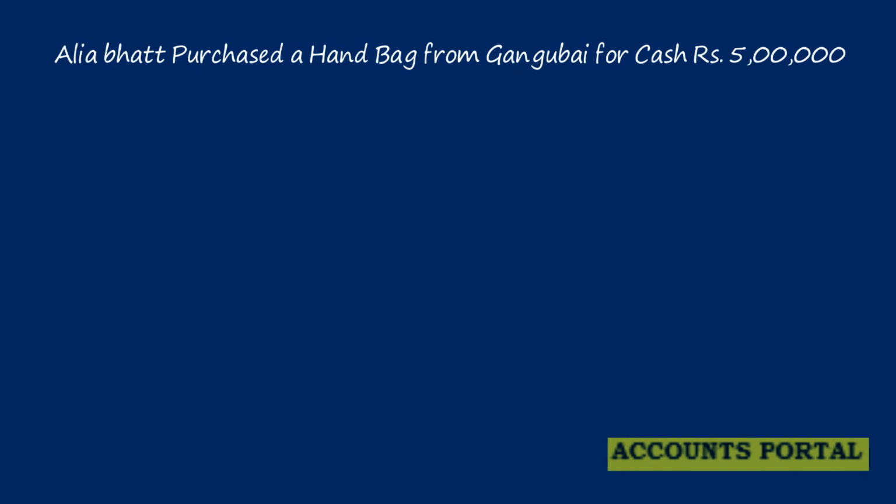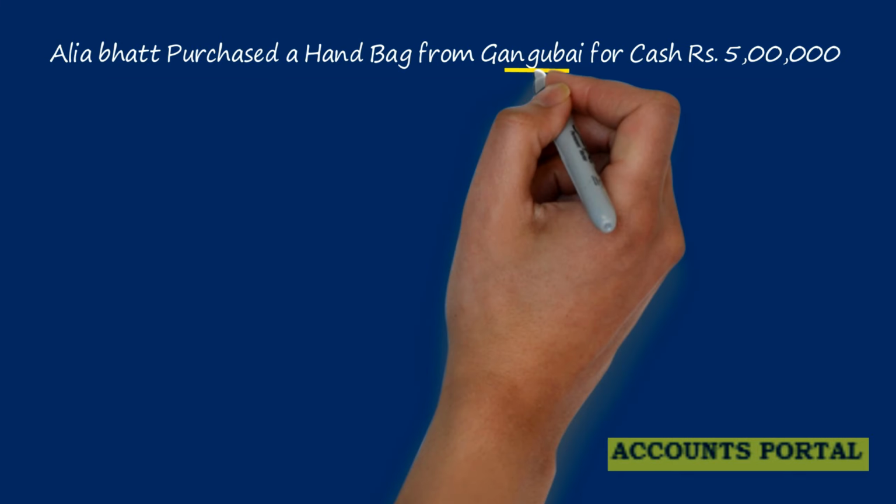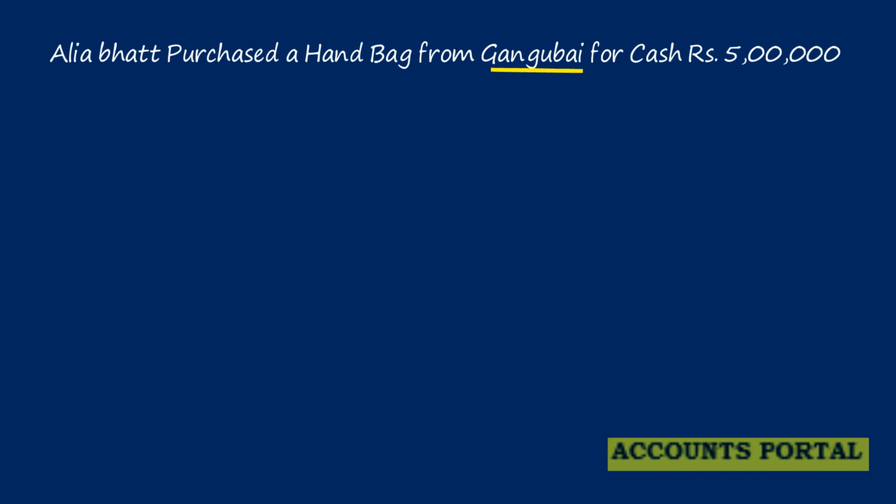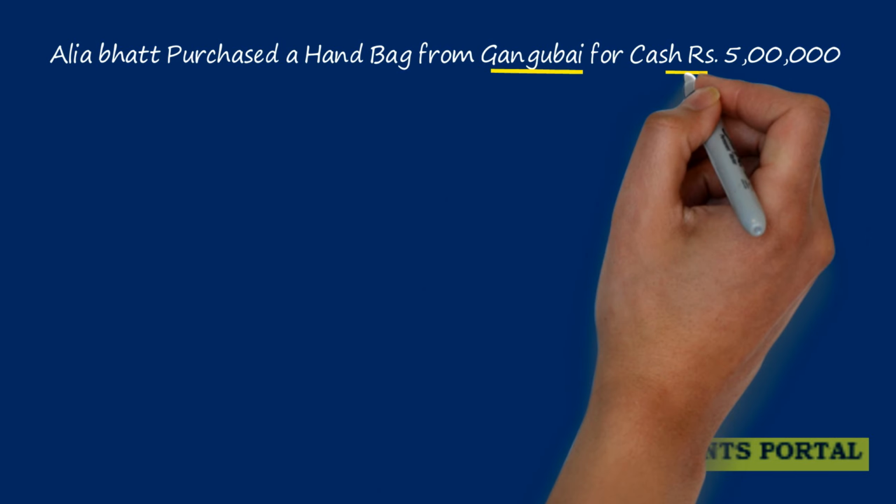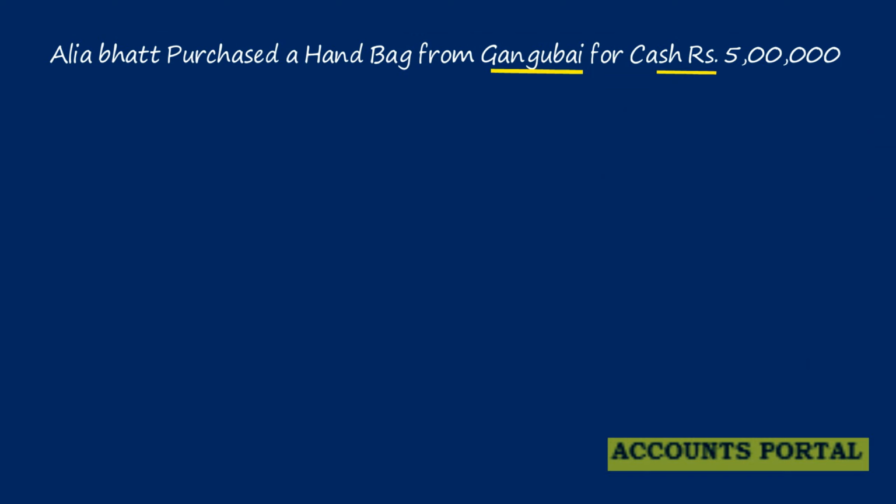First decide whether the given transaction is monetary or non-monetary. What is the value of the handbag? 5 lakhs. To decide whether it is a cash or credit transaction, we need to check the terminology used in the transaction. Here both the person name and the word cash are used. So the second condition is satisfied. So it is a cash transaction.